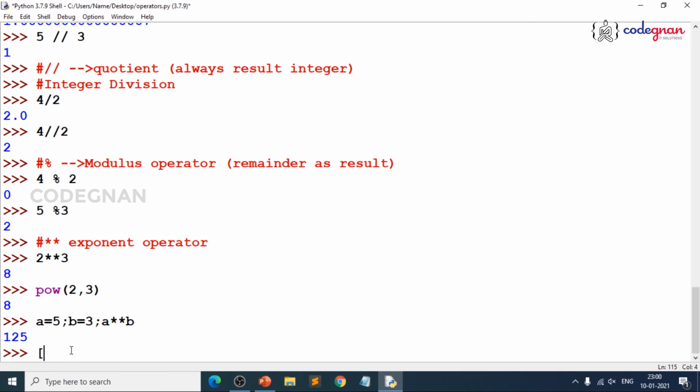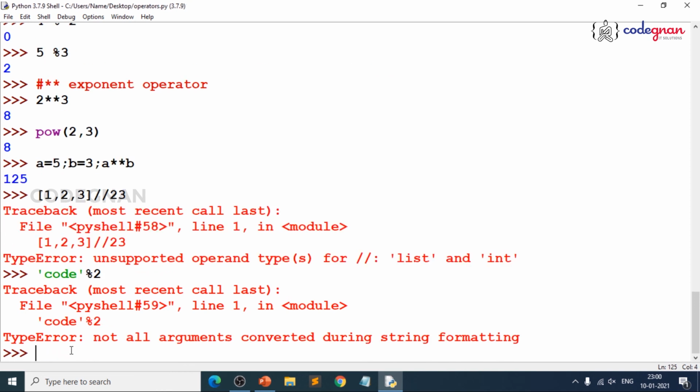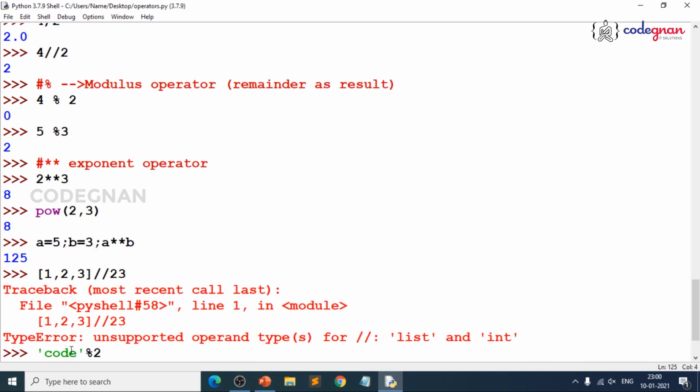You cannot perform these on other types. I cannot do it like this, because it is an unsupported operation, and you even cannot divide a string, right? You cannot take modulus or anything. It's very wrong. Only on numbers it is possible. So this is how these 7 arithmetic operators play a key role depending upon the logic we execute.